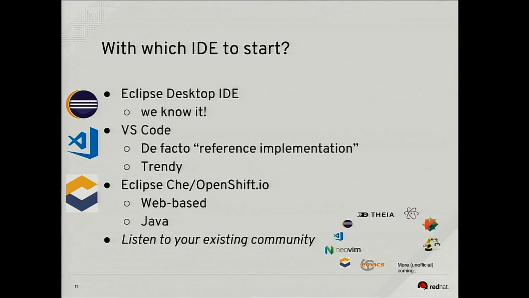And also, it is written in Java, so it's not very complicated. But for you, maybe you may choose some different IDEs to start with, depending on your community. If all your users are using Emacs, just do it with Emacs. It's also possible.